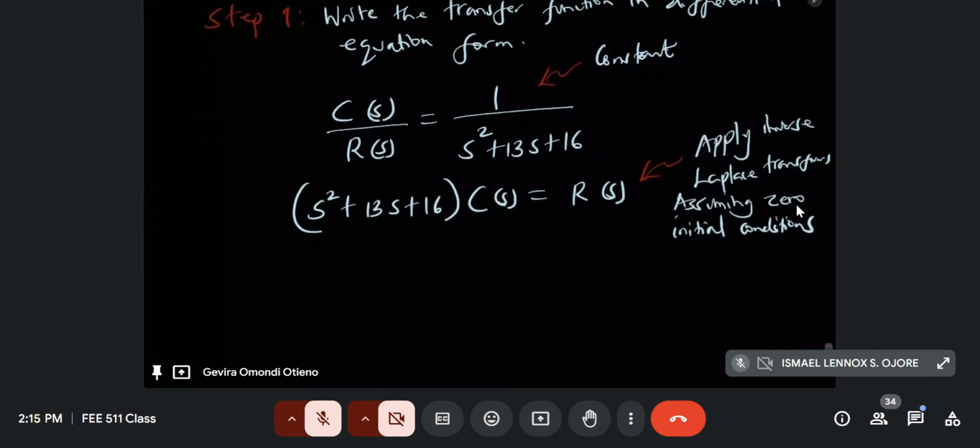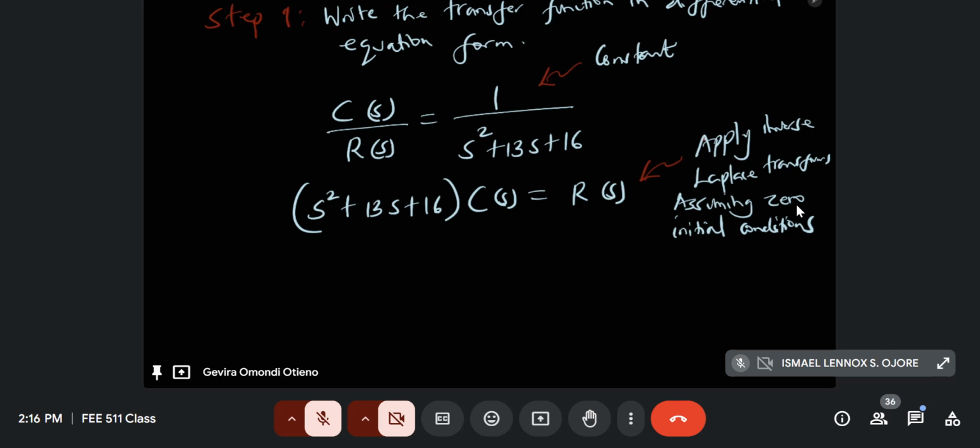So if you apply your inverse Laplace transforms, meaning we convert this from the frequency domain into the time domain, we can quickly do that, because it's a very simple second order system. You can have a third order, or as many orders as you want, and those also appear in your notes, so I'm not worried about it.